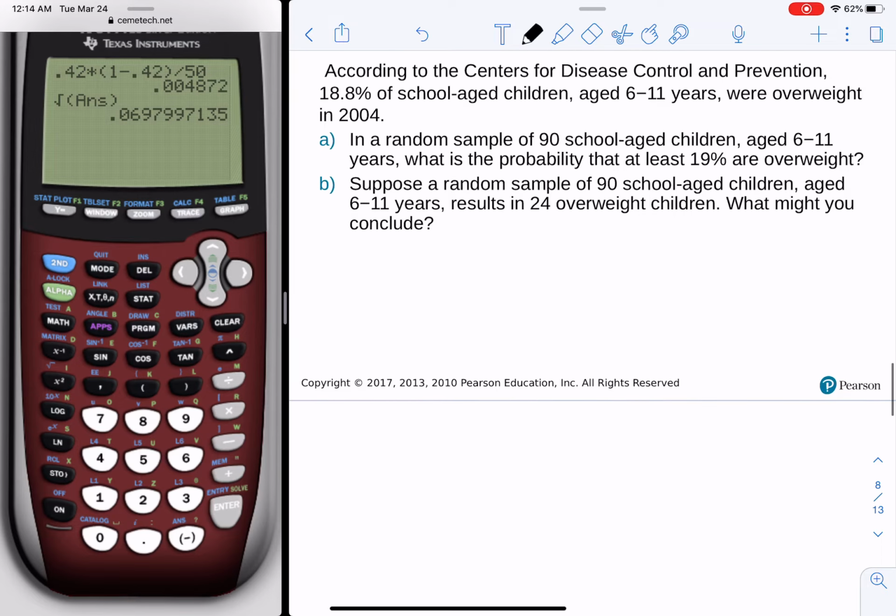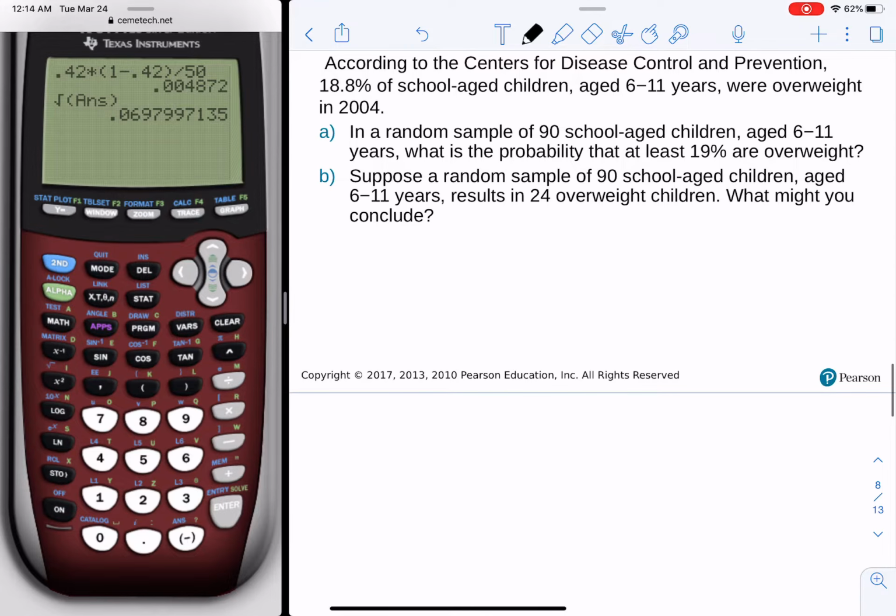So, we know that 18.8% of school-age children aged 6 to 11 years were overweight. So p hat, according to the CDC, is 18.8%, which is 0.188.